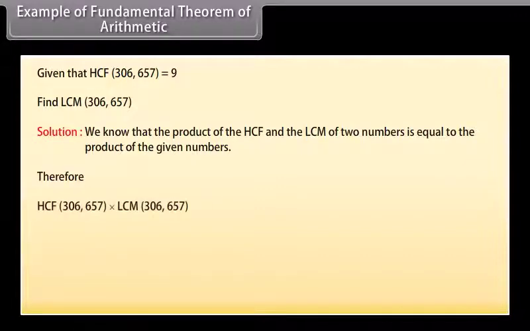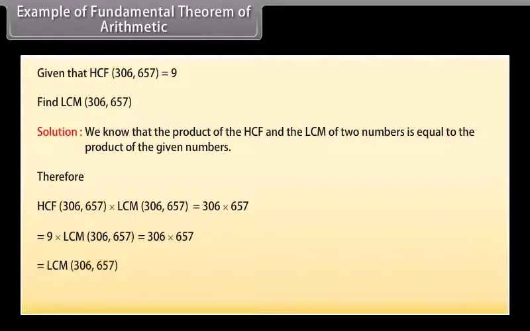Therefore, HCF(306, 657) × LCM(306, 657) = 306 × 657, so 9 × LCM(306, 657) = 306 × 657, which gives LCM(306, 657) = 306 × 657 / 9. LCM is equal to 22,338.